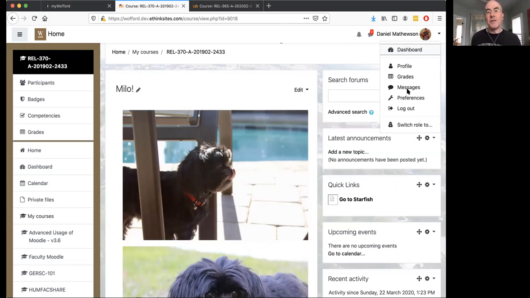Probably what you need to do is split them up into groups. There is a way of creating groups and then having forums that you set up for each group. It can be the same topic, and they can be replying to the same question. If it's an open forum, they can do an open forum. But with 30-whatever students, you want them engaged in smaller conversations, not gigantic conversations.